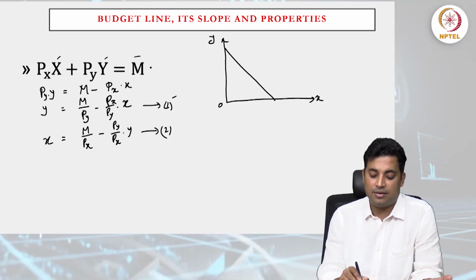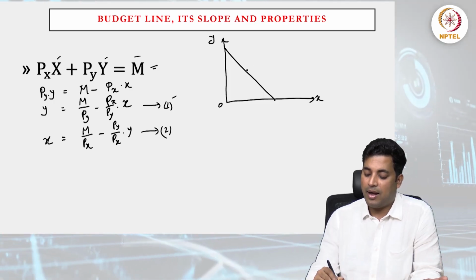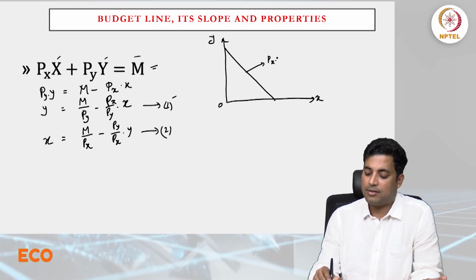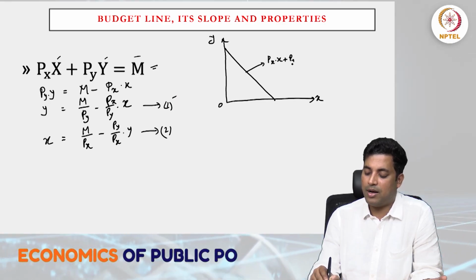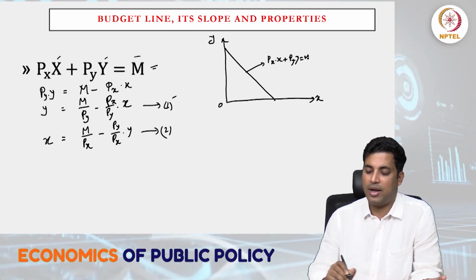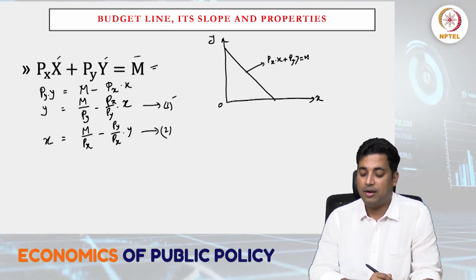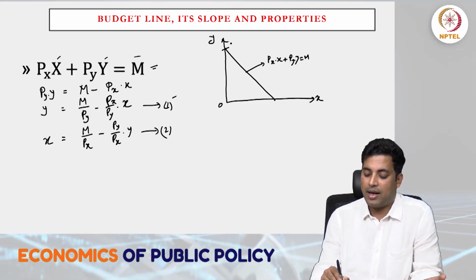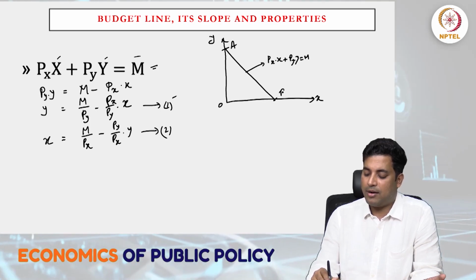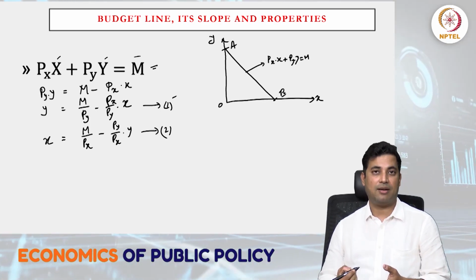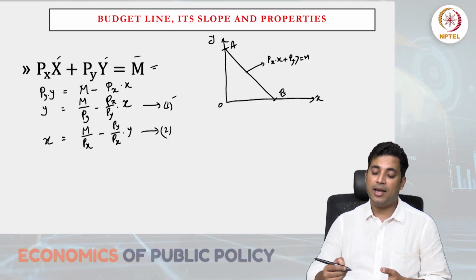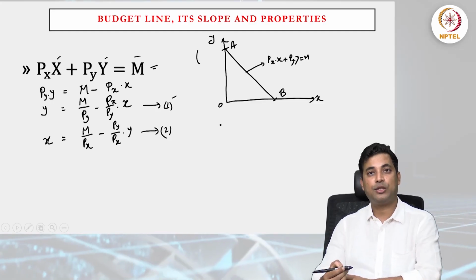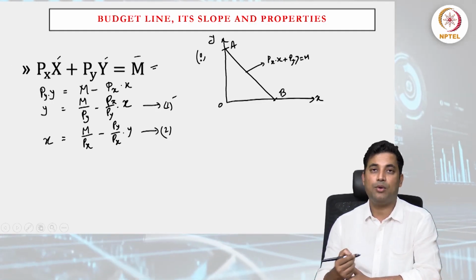This equation is linear, and this straight line is Px X plus Py Y equals M. So this is the budget line. There are two points here, point A and point B. AB is the budget line, and at point A, when x equals 0, what is the value of y?